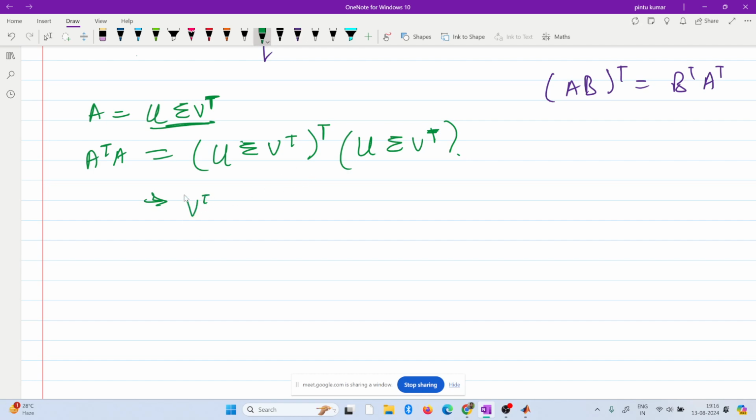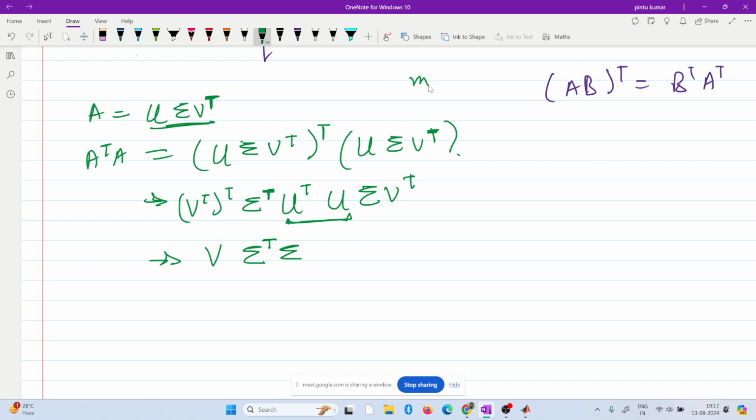So this is V sigma transpose U transpose U sigma V transpose. This implies that U transpose U is identity because U is an orthogonal matrix. This is V sigma transpose sigma V transpose. Because your sigma was M cross N, sigma transpose sigma would be an N cross N matrix, and this would be a diagonal matrix now.